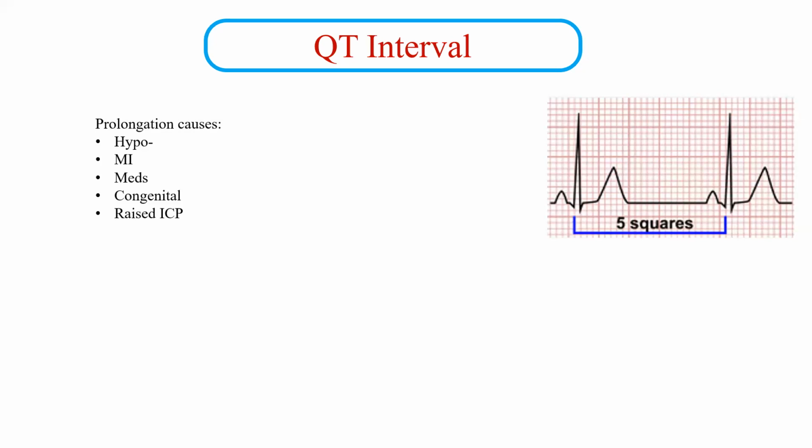Post-cardiac arrest will also have a prolonged QT interval. Some medications, including antiarrhythmics and dopaminergic inhibitors like metoclopramide and ondansetron, can prolong the QT interval. Raised intracranial pressure causes activation of the vagal nerve, which will prolong the QTc interval, and congenital syndromes can also cause it.